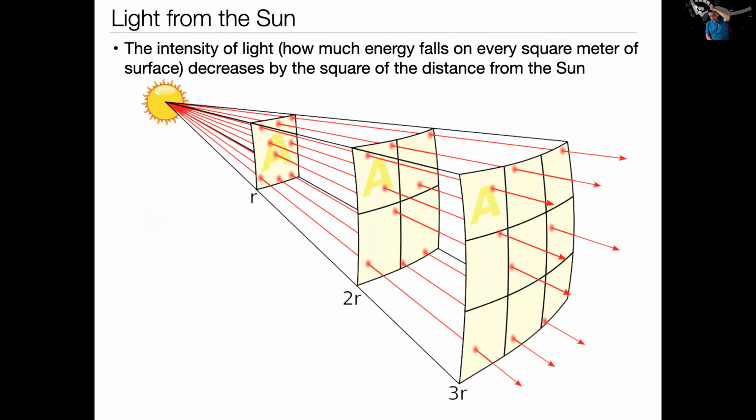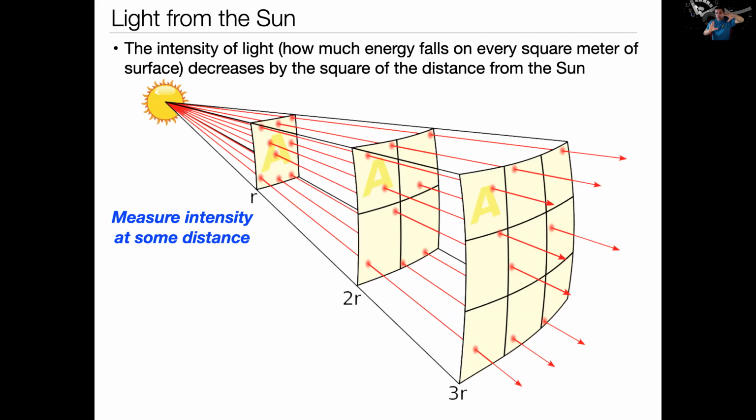These beams of light are represented by these nine arrows coming straight out from the sun. So if I'm at some distance away from the sun and I measure the area covered by those 9 arrows, that's the box labeled A there, that is basically a measure of how bright the sun looks, basically how much light falls on a given area.